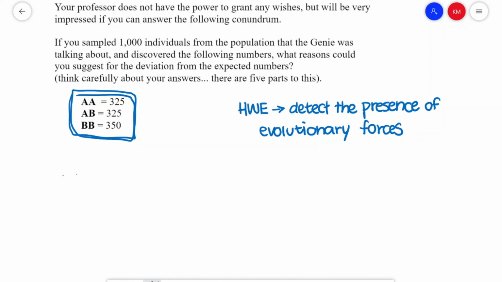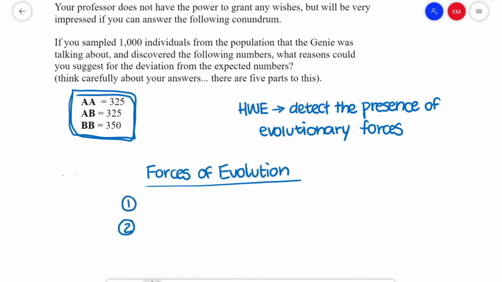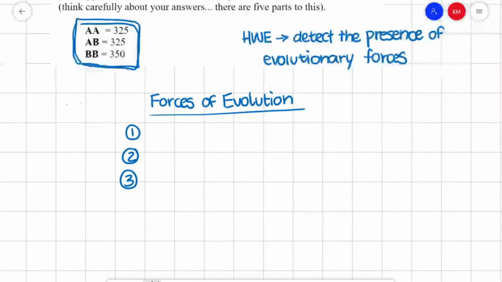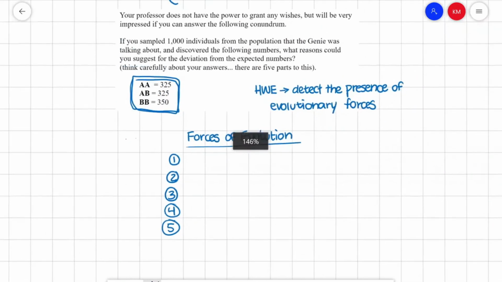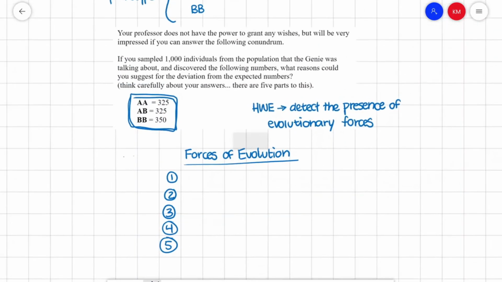So if you can remember what those 5 forces were, forces of evolution, that's going to explain why these numbers are different than what we expected. So see if you can remember what those 5 were. You may have to go back through the lecture slides or through your notes. But these are really important, especially to Hardy-Weinberg Equilibrium. So if you're not familiar with them, I suggest going back and reviewing.